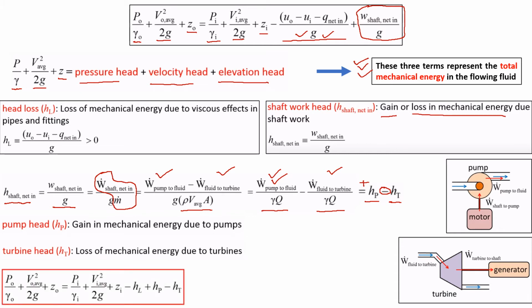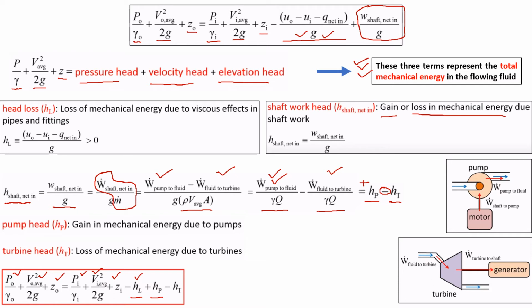This is how my final energy equation will look like if I take one inlet and one outlet. These terms at the outlet and the inlet represent the pressure head, velocity head, and elevation head. These are the total mechanical energy available at the outlet and the inlet, minus the head losses due to the viscous effects, plus the gain in mechanical energy due to pumps.